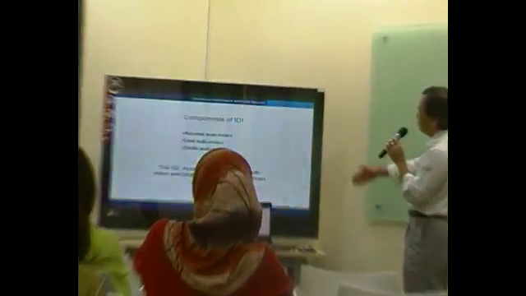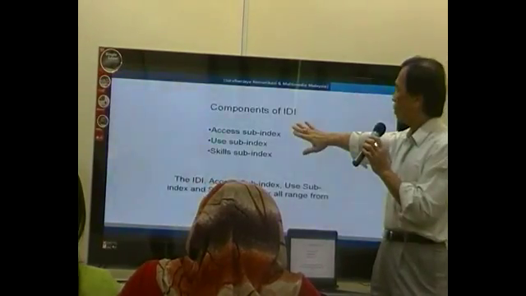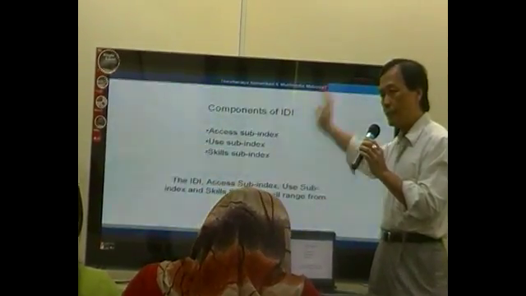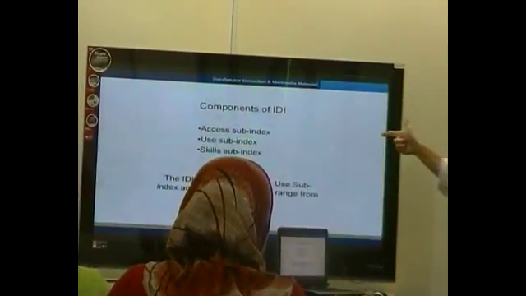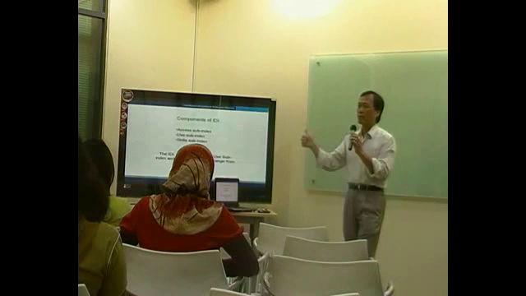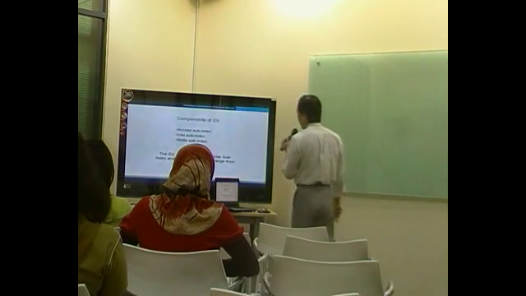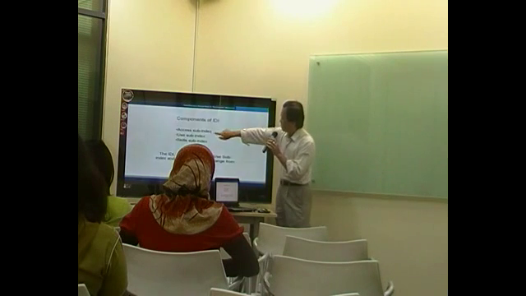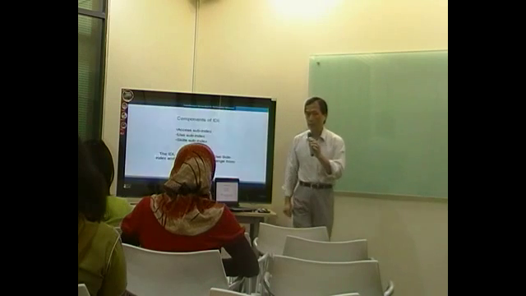So, as I mentioned just now, your IDI, your ICT Development Index, actually consists of 3 sub-indices: access, use, skills. Remember that? AUS, reminds you of Australia, right? Access, use, skills. Now, these 3 are combined in a weighted average to form the IDI.